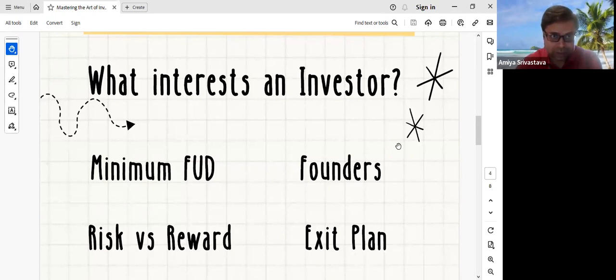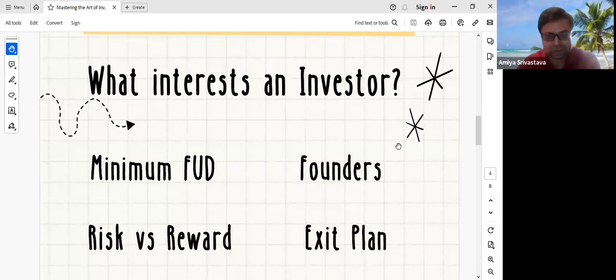Right? So they're very careful, and also understand this, that you are not the only startup who's reaching out to them. While you may be confident within your startup, you may have a certain level of traction, you may have done a lot of different things to showcase that you are a good startup to invest in, but the person in front of you is meeting 5 startups every day.